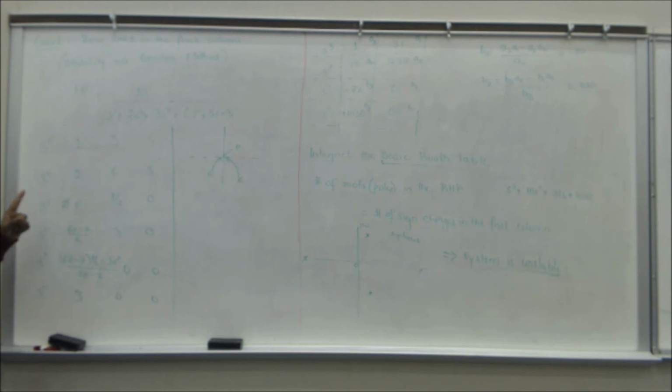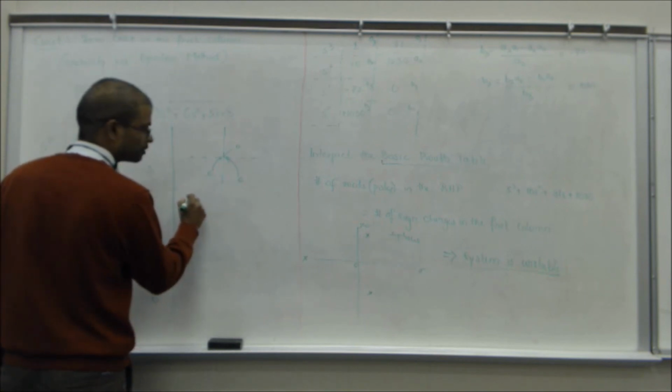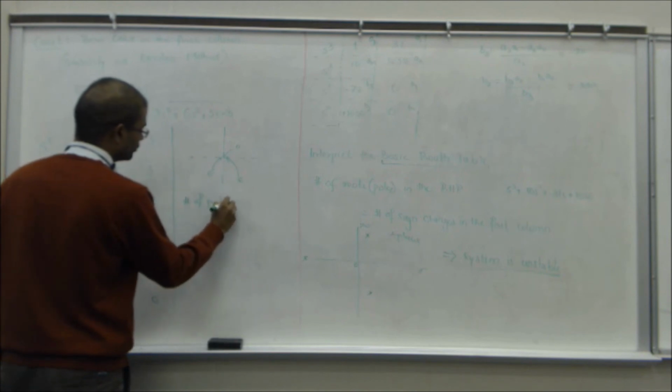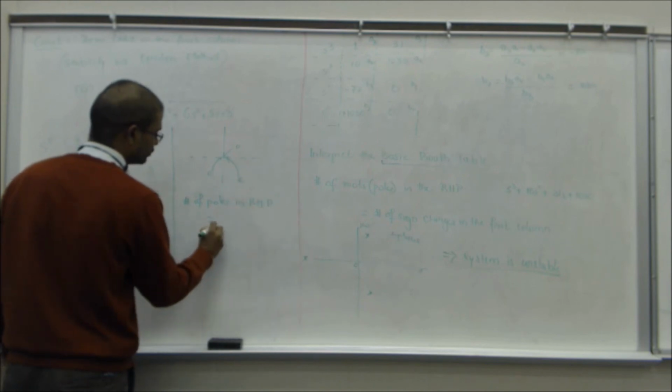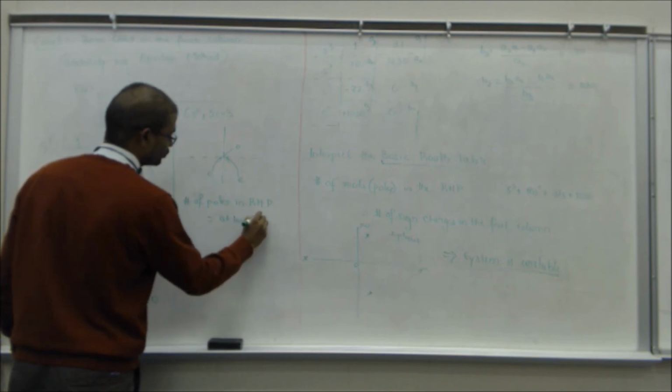There's one sign change. But what you're going to notice here is, regardless of whether epsilon is approaching from negative or positive, there is at least one sign change. Okay? So what that means? The number of poles in the right half plane is at least 1.